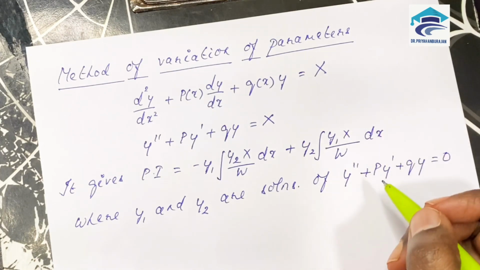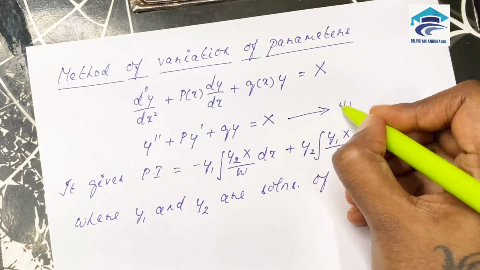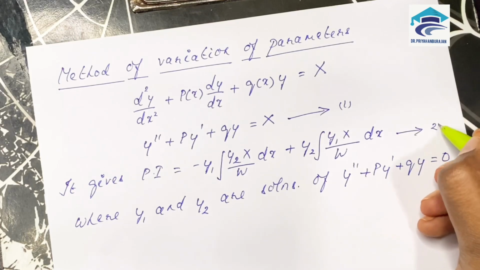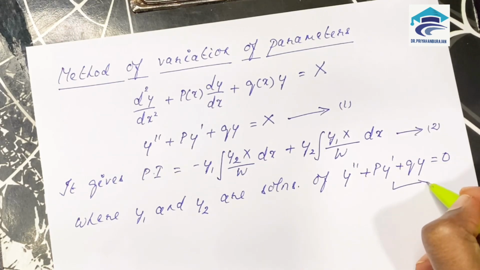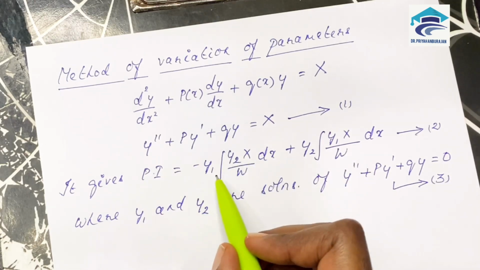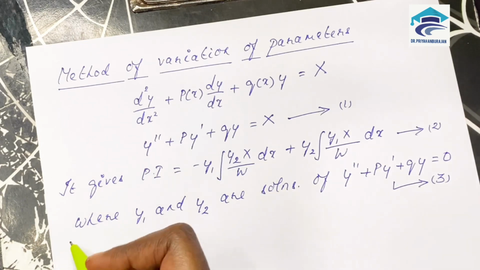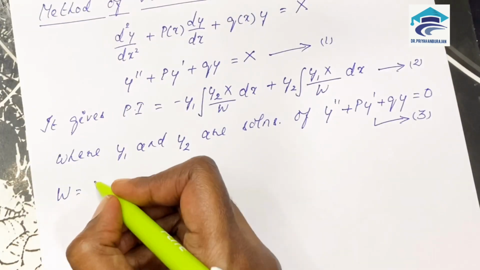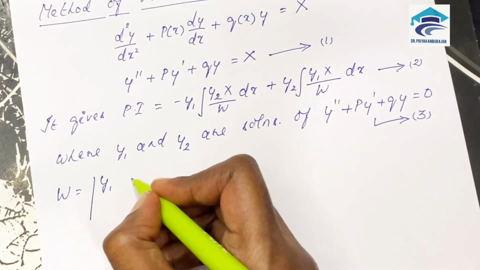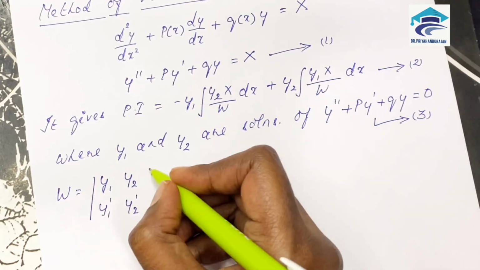So because this is a proof, let me consider this as equation 1, this as 2, and let this be 3. And here we know that y1 and y2 are solutions of this equation. And what about this W? This W is equal to the determinant of y1, y2, y1 dash and y2 dash.